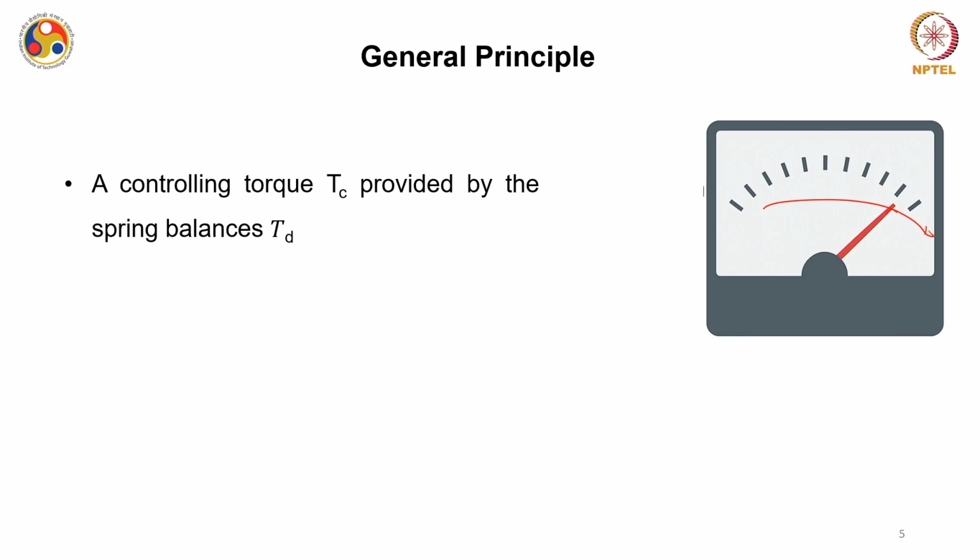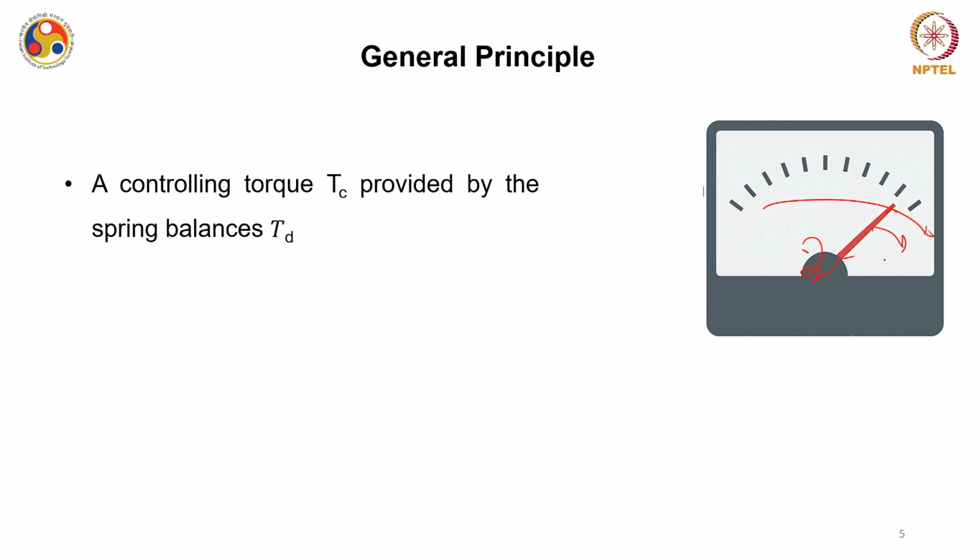Now we are aware of two different torques. One is the controlling torque, which is provided by the spring. The spring is somehow attached somewhere here, and we will see where it is exactly attached for a specific meter. But for the time being, this spring will try to balance or control this deflecting torque.